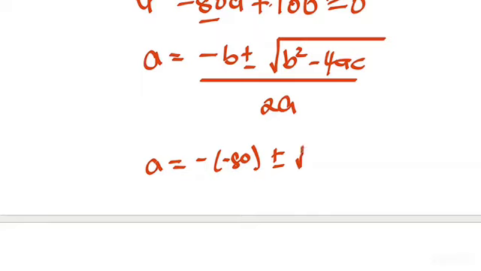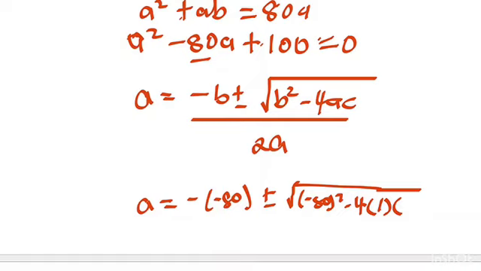Plus or minus the square root of b squared, which is minus 80 squared, minus 4 times a, which is 1, times c, which is 100, all divided by 2 times a, that is 1.